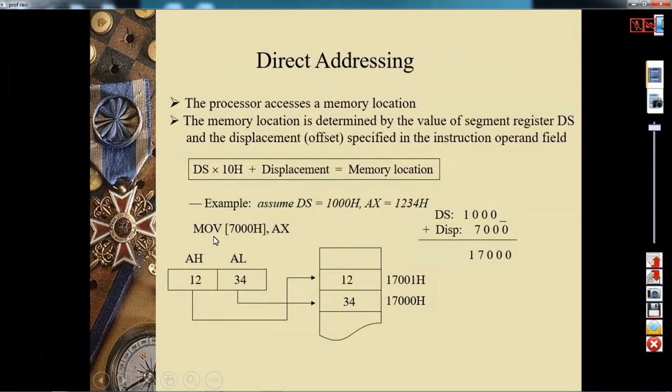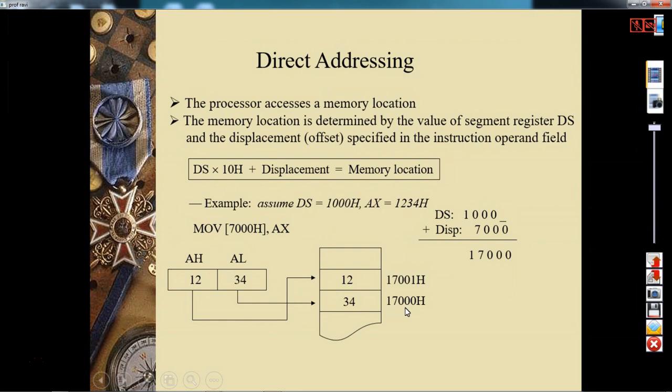In this example, move the contents of 7000 into AX. Let us take the content of AX as 1234 and the DS register as 1000. Then the address will be calculated. DS is 1000 and the memory address is 7000, so 7000 is added to 10000.